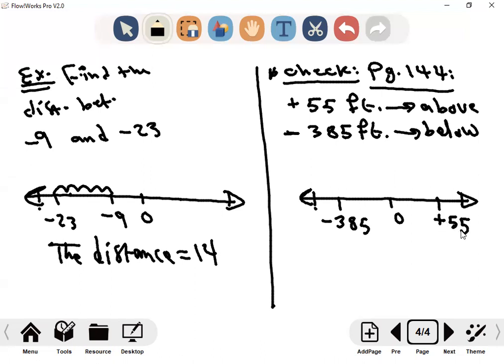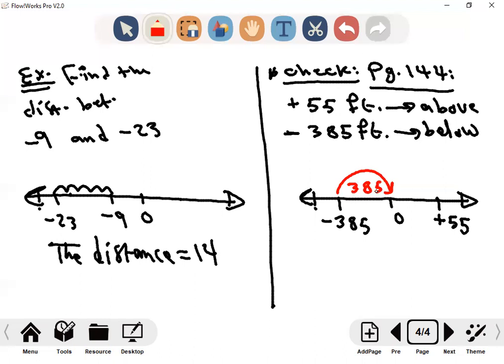How do we find the distance between these two integers? We will add. First part: what is the distance between negative 385 and 0? How much? 385. Positive or negative? Positive.